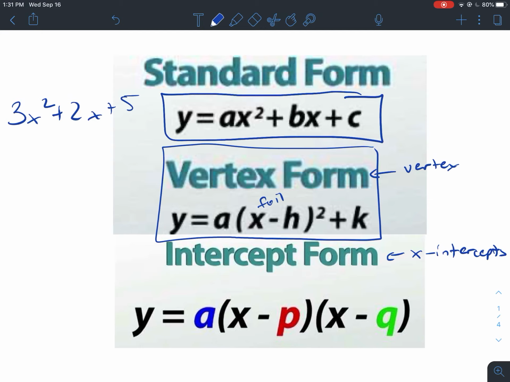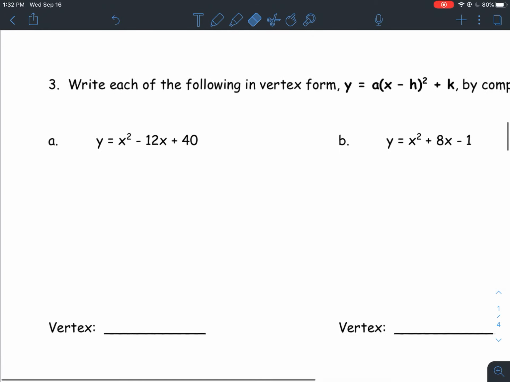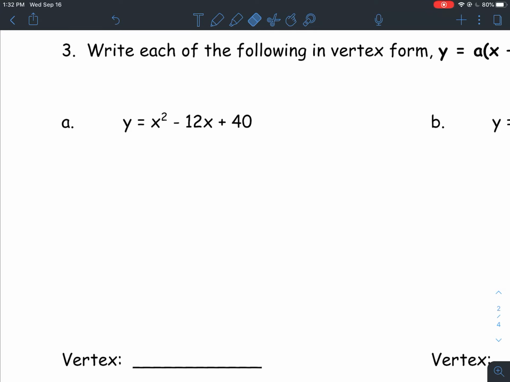Today, we're going to talk about how to go from standard form to vertex form. Standard form is great for certain things. However, when you're graphing and trying to learn more about the parabola, vertex form tends to be a little bit more useful. So we're going to talk about how you go from standard form to vertex form.